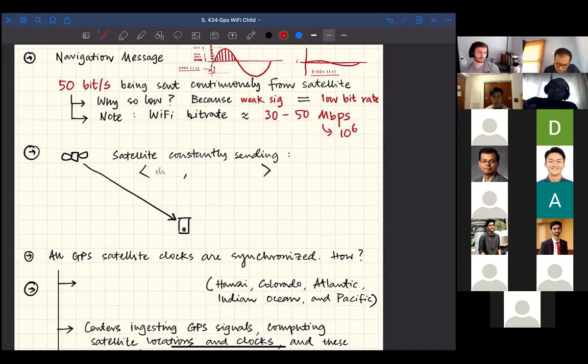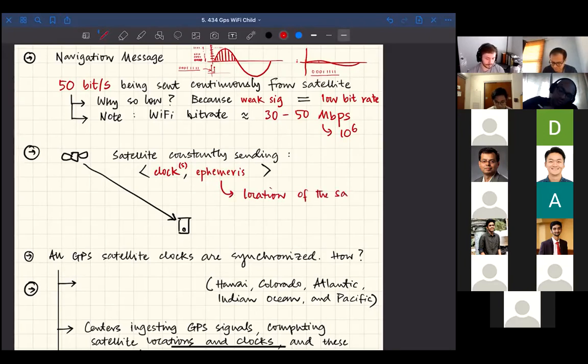One is its own clock, the clock of the satellite, and what is called ephemeris, which is essentially the location of the satellite. So these are the two important pieces of information that the satellite is constantly broadcasting.